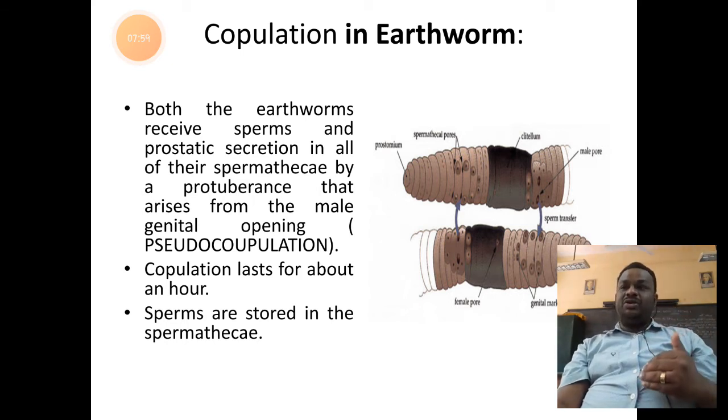Till this stage we call the phenomenon pseudo copulation. Here is a picture in this slide that depicts how exactly the mutual exchange of sperms takes place between two earthworm organisms.